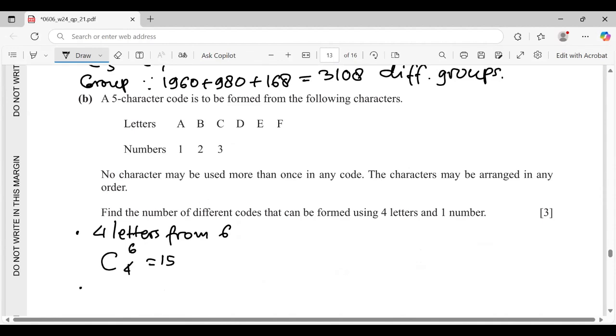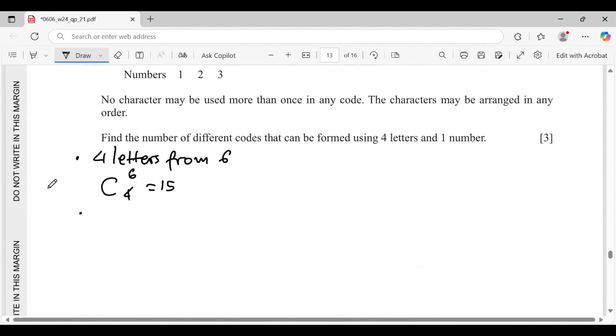After that, choose one number from 3. There are 3 numbers, so the combination is 3C1, and it equals 3.